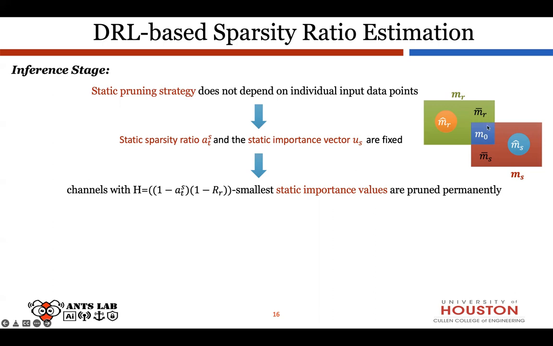But for the runtime sparsity ratio, I think we make the decisions dynamically, which means these channels will be fixed, but these channels will be dynamically changed, depending on different input, right?